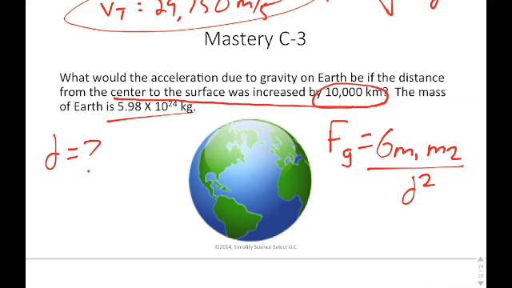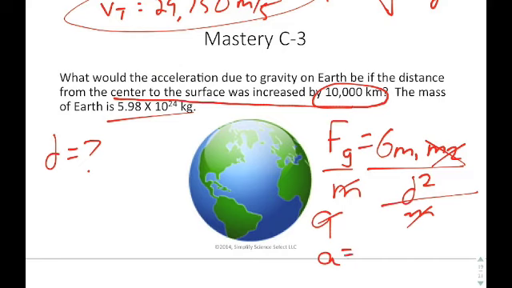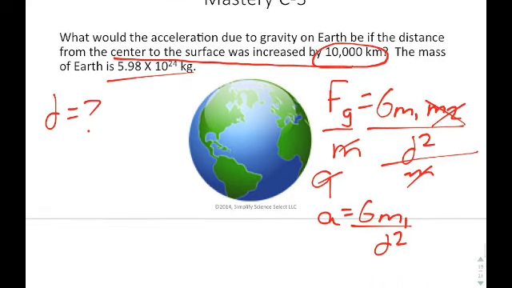We know that the acceleration due to gravity, when we divide mass out, is equal to G m1 over d squared. That's what we talked about before. We divided both sides by mass, we get an acceleration, and this is what we're left with.